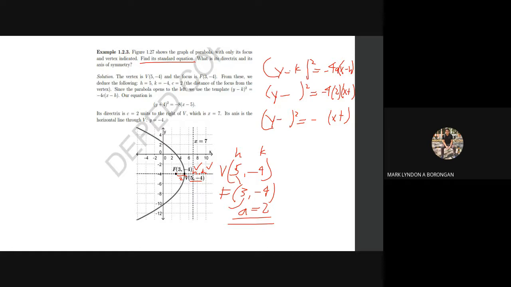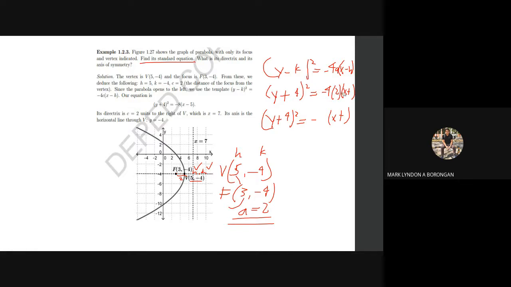So, Y minus K. Our K will be 5. So it should be 5 here. No, 4, wait, who made the mistake? It should be 4, because Y and K go together, and the K is 4. So this is Y plus 4, and then this is Y minus 5.